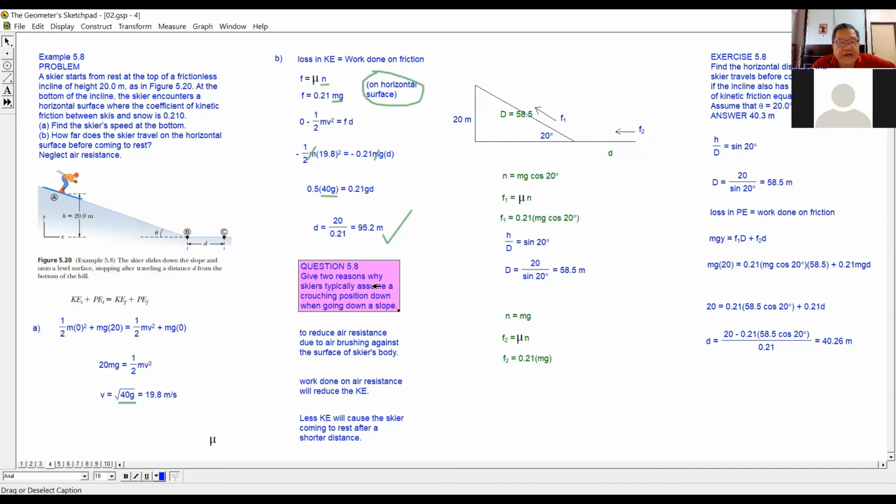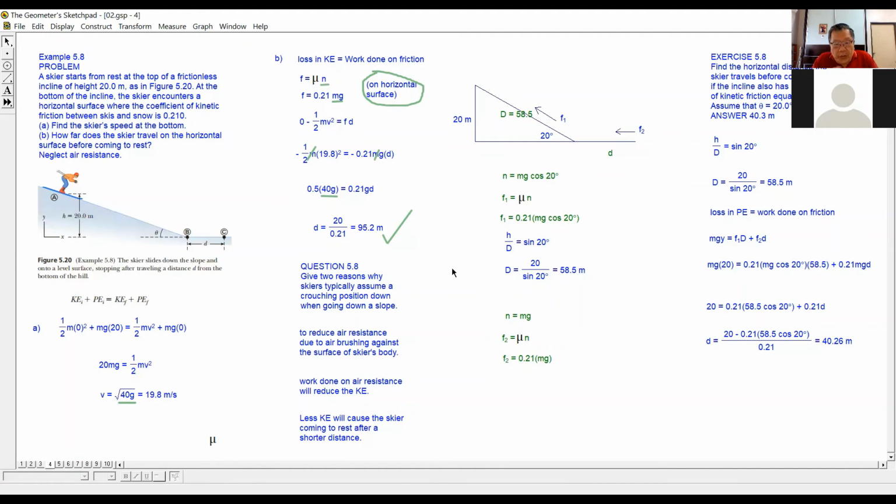Question 5.8: Give two reasons why the skier typically assumes a crouching position when going down a slope. When he bends down and pulls himself together, his surface area becomes smaller. If you open up with the chest, you are actually blocking the air.